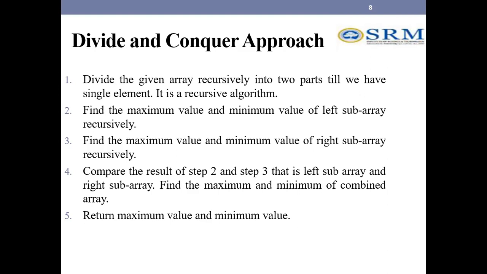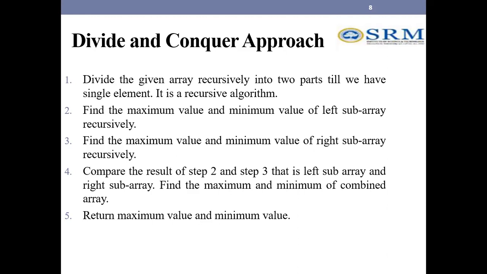So here, after divide, the problem is solved and the results are combined. So solve and combine. So first, we are finding maximum and minimum for the initial subproblems, then next level subproblems, and next level subproblems, till we go to the root node, that is the given problem. So for each node, we are finding the maximum and minimum value for the left subtree and the maximum and minimum value for the right subtree.